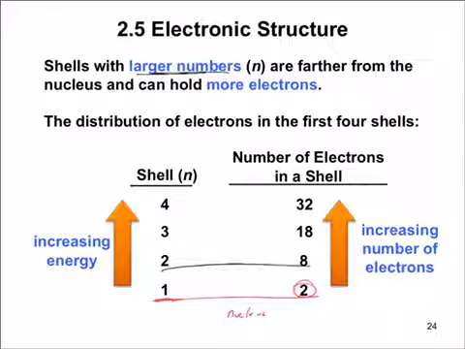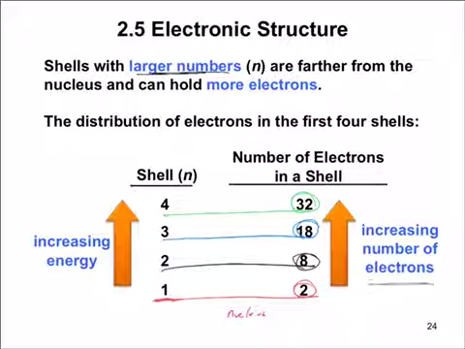Shell 2 is here, farther away from the nucleus, that can hold a total of 8 electrons. Shell 3, even farther away, that can hold 18 electrons. And shell 4, 32 electrons. So there's an increasing number of electrons with increasing energy with an increasing number of N.